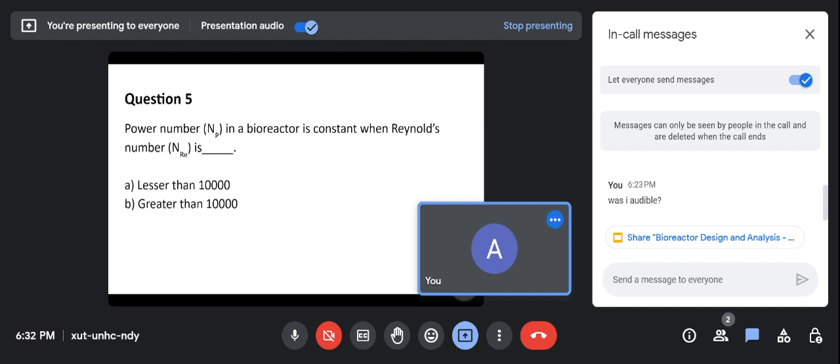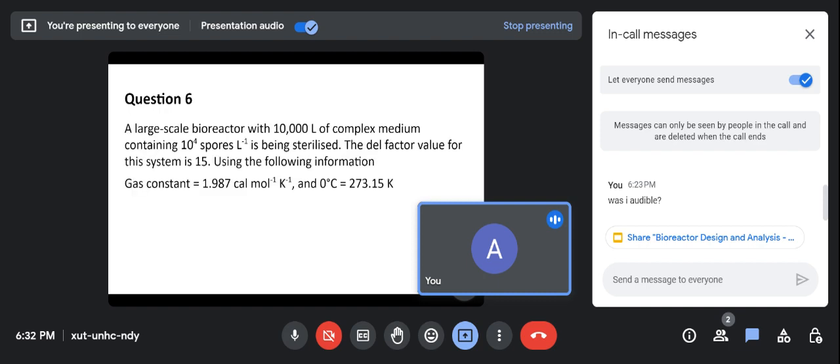So the answer to this is greater than 10,000. When Reynolds number is greater than 10,000, the flow reaches turbulent flow, and at that point, power number is constant. Okay.